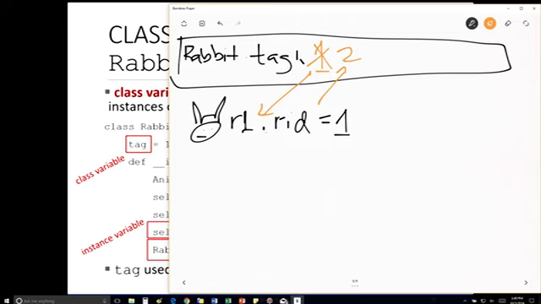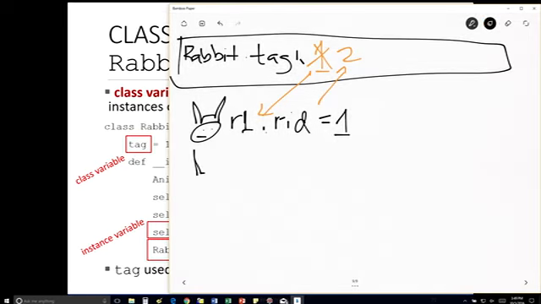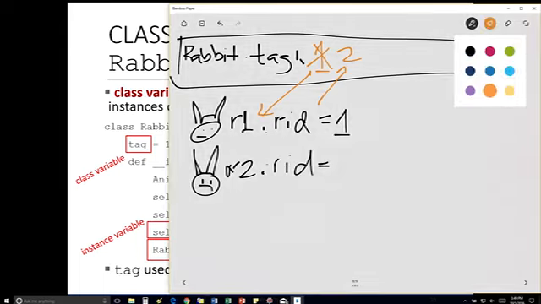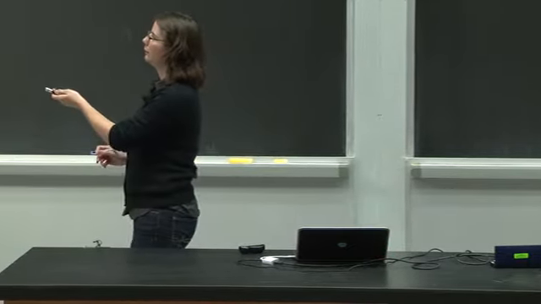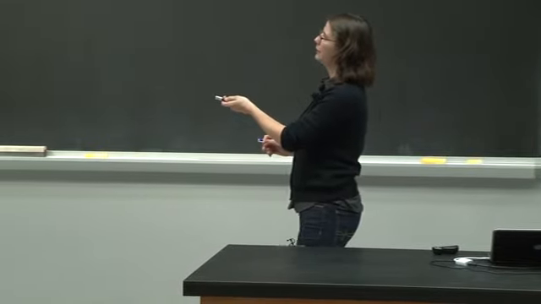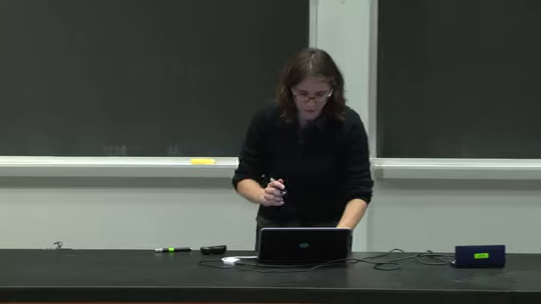Okay, so let's say I create another rabbit object, r2. There, that's a sad rabbit. The ID of r2 is going to be what? Well, according to the way we create a new rabbit object, it's going to access whatever the value of tag is, which is a class variable.